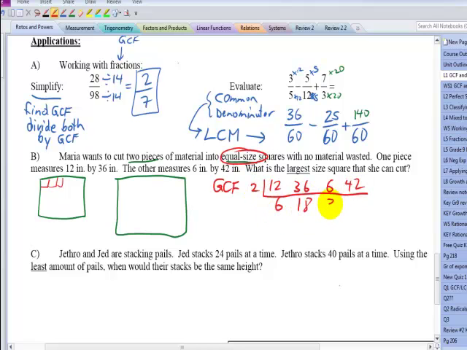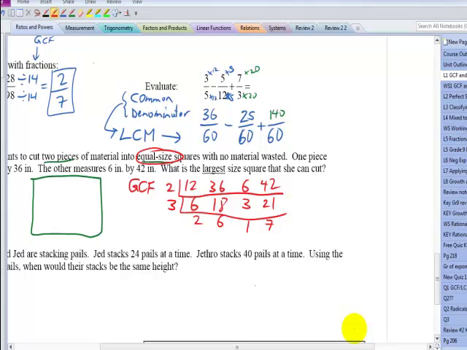What can we divide them all by now? 3. Okay, 3. We get 2, 6, 1, 7. Can we divide them all by another number? No, we can't now. So the GCF equals 2 times 3, which equals 6.